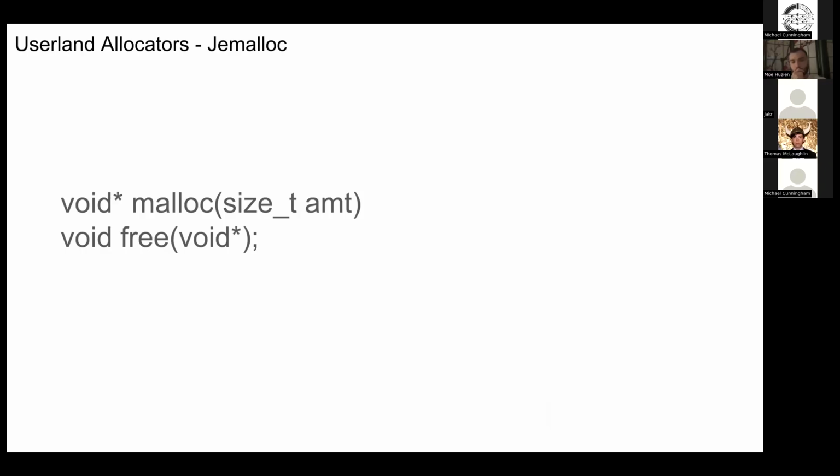Malloc, you call it, you give it an amount, and it gives you a pointer. And then free, you give it one of the pointers that you malloced, and it returns it. And you're probably wondering, where is this? These functions are a kind of userland allocator called a general purpose allocator.